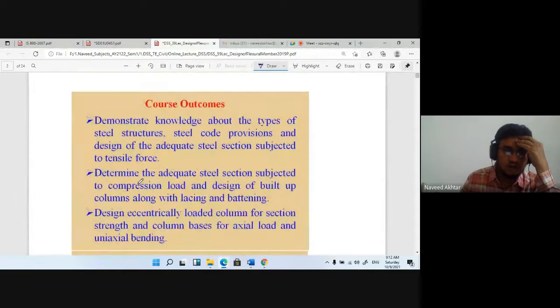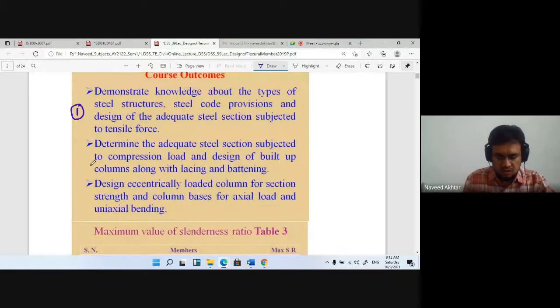The course outcome as per the unit number 1 already we have completed, the demonstration knowledge about the types of steel structures, steel code provisions and design of adequate steel sections subjected to tensile force. Similarly, unit number 2, the outcome to determine the adequate steel section subjected to compression load and design of built-up column along with the lacing and battening system.